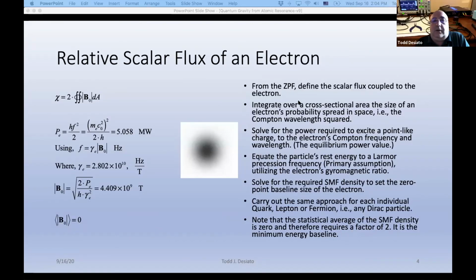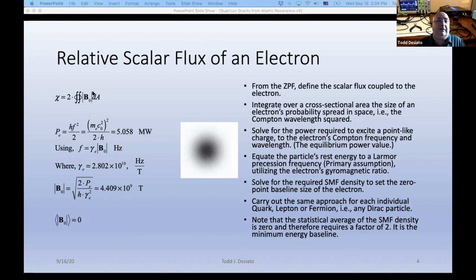So in a 0-point field, there's a spectral energy density. The electromagnetic 0-point field in particular is made up of photons. And that's really all I'm talking about here. But all fields have a 0-point field. For simplicity, I'm just going to refer to the electromagnetic 0-point field.